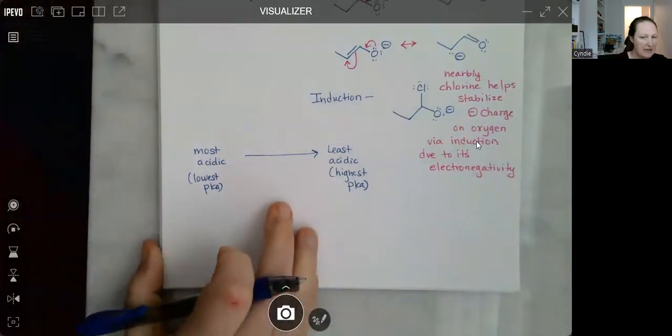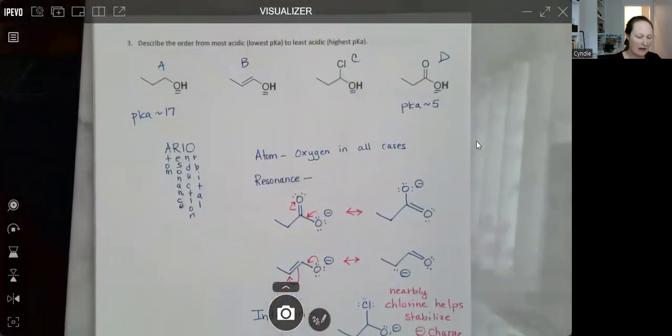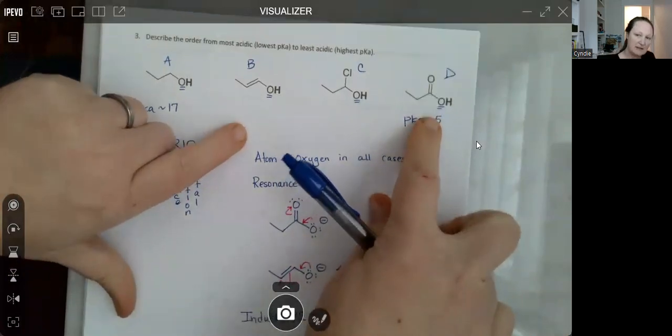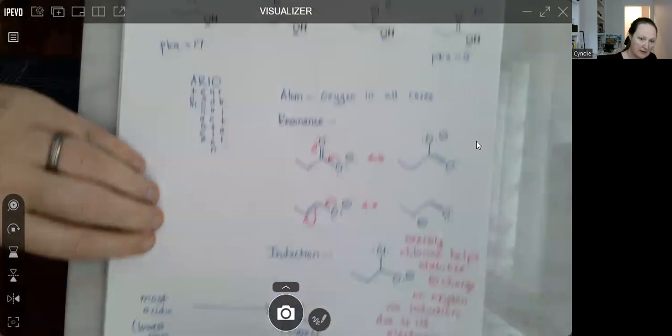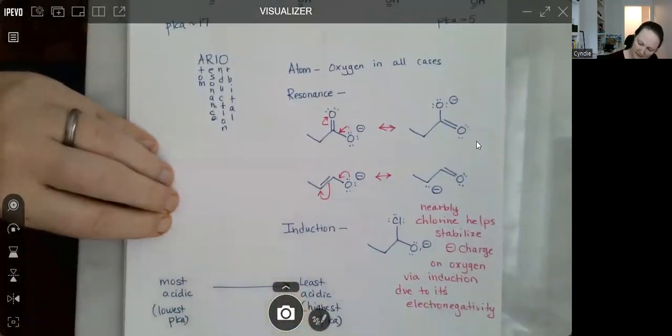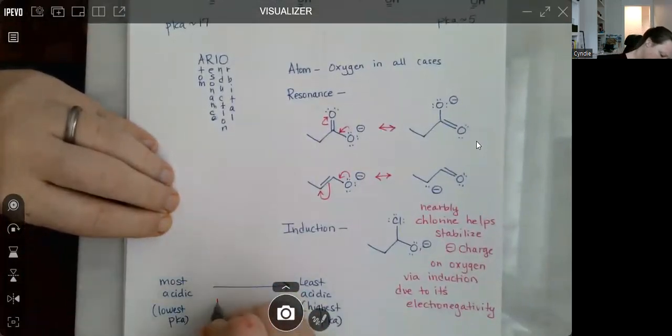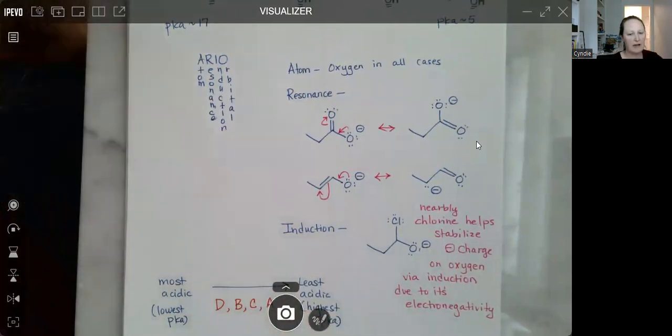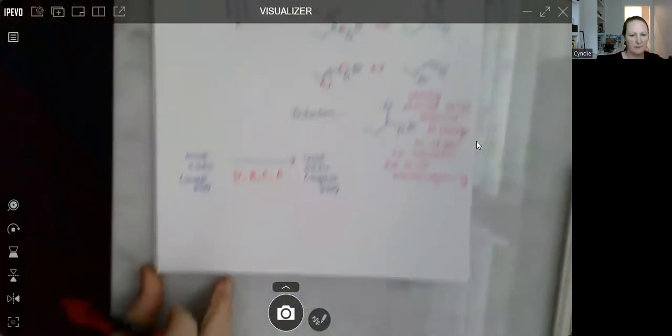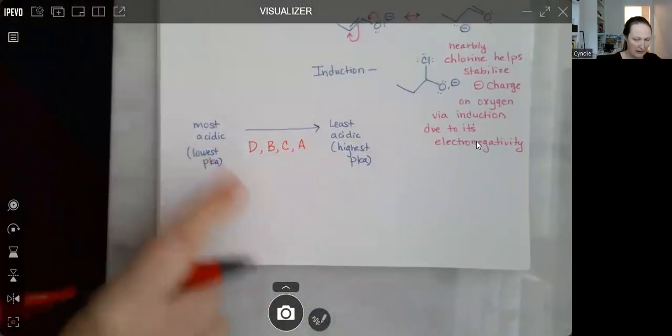So D had the best resonance stabilization, followed by B. I would come down here and write D, then B, then C had inductive stabilization, and A did not have either. Okay, so that would be our order.